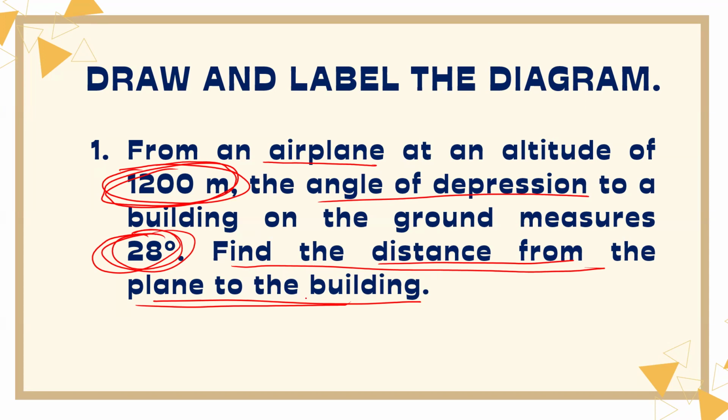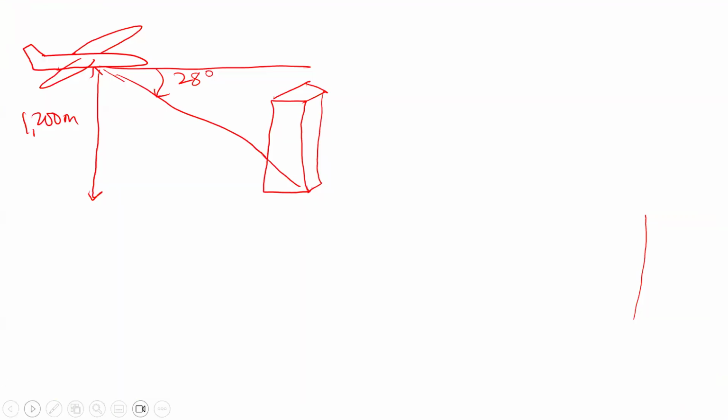Distance from the plane to the building. So how do we determine this one? We want to know x, right? The distance of the plane to the building here.